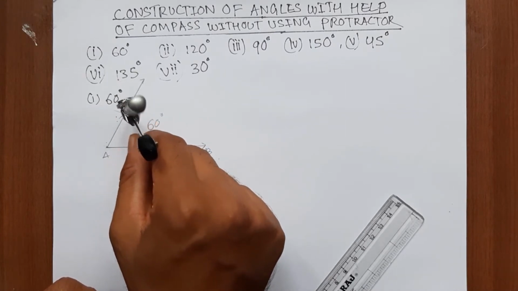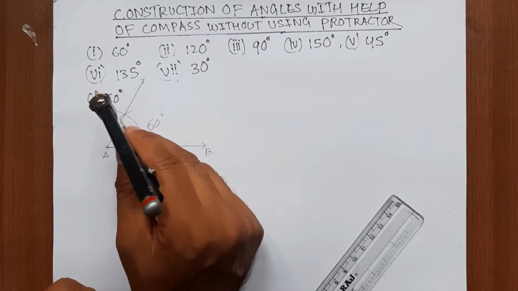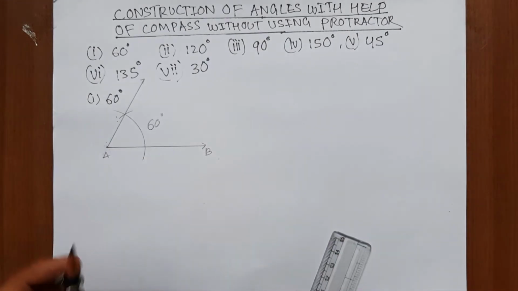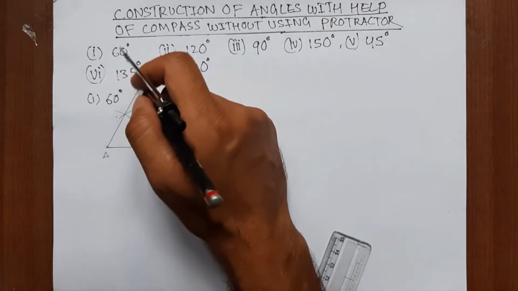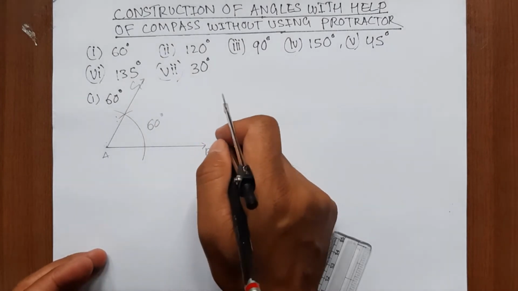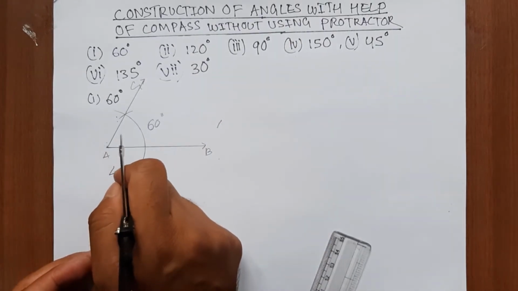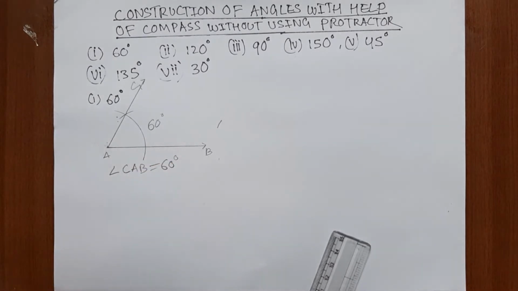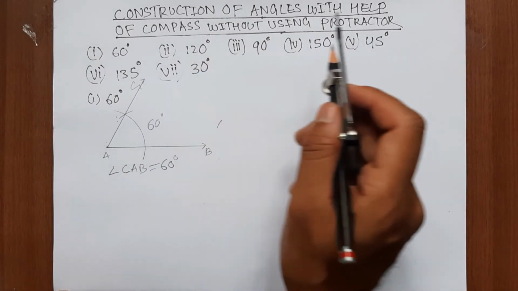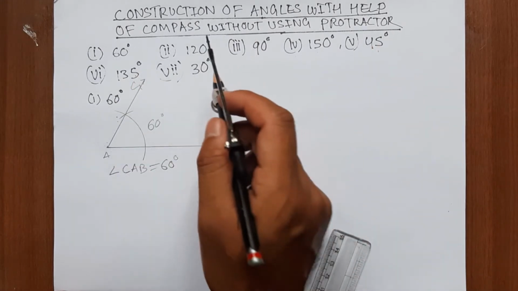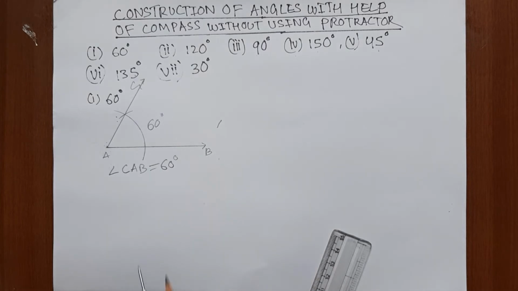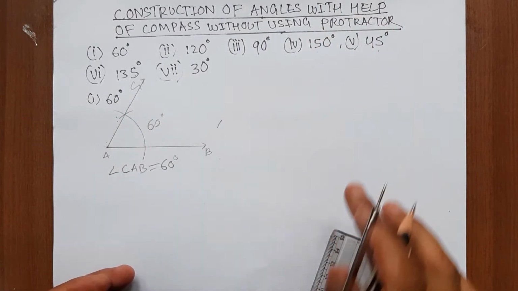This arc cut the previous arc at this point, and finally we join these 2 points and produce it. Let it be C. Now our angle CAB is 60 degrees. Similarly, we can draw angles of any measure like 120, 90, 150, 45, 135, 30 degrees and so on. I will show you all these angles.